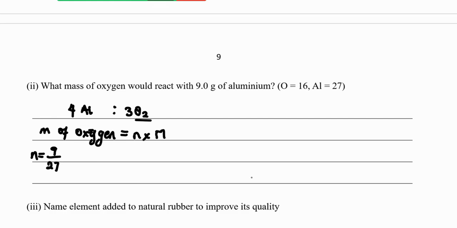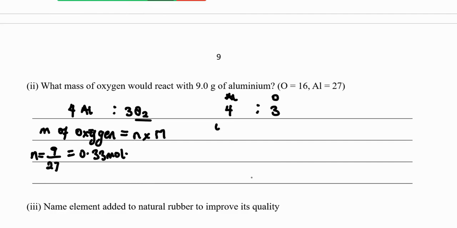So 9 divided by 27 will give us 0.33 moles. Now going back to the balanced equation, 4 moles of aluminium would require 3 moles of oxygen.